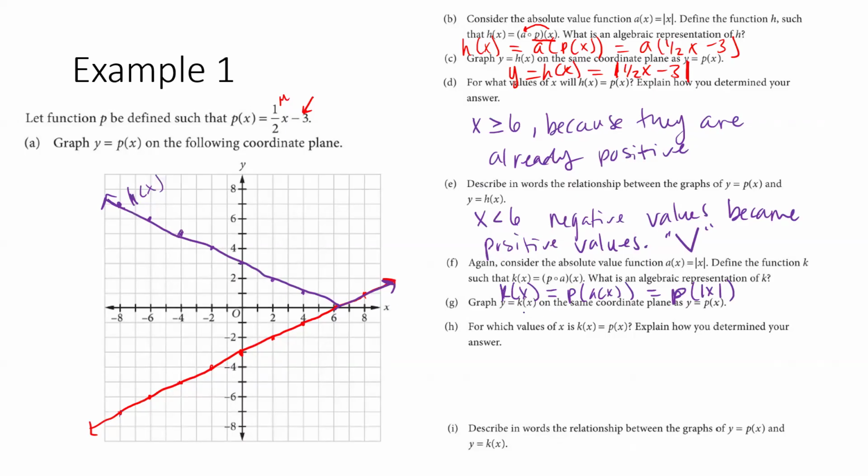Okay, so the model of this would be y equals K of x equals 1/2 absolute value of x minus 3. And we're going to put it in Desmos, but we're going to use the composition notation, the function notation.